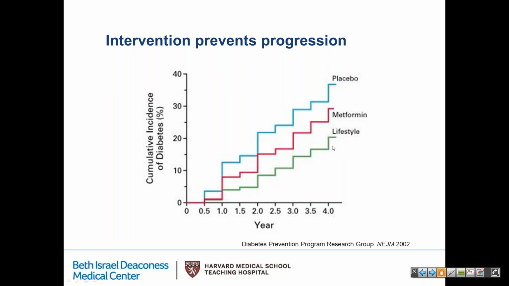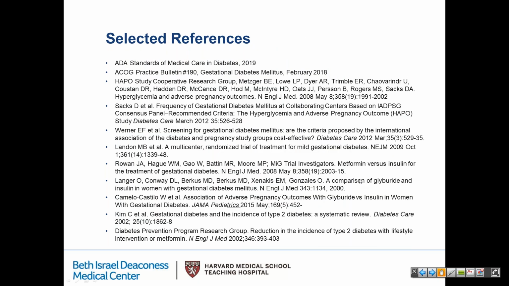That lifestyle intervention was pretty intense, so a lot of groups, including groups locally, have looked at ways that we could adapt the Diabetes Prevention Program for a postpartum population. I think it's not quite ready for prime time, but stay tuned. There is definitely hope for an intervention that you could refer your patients to on the horizon.